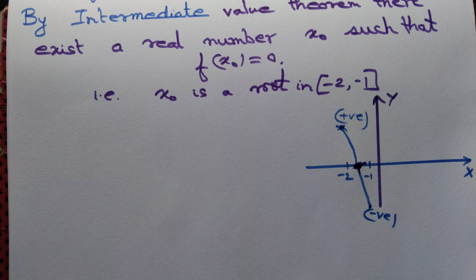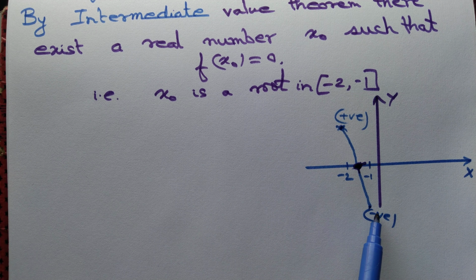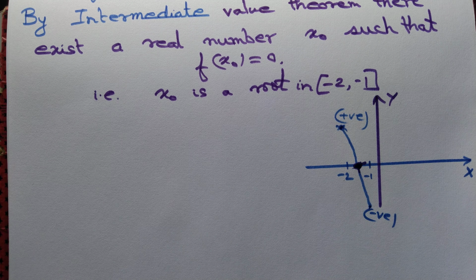It's because of the continuity of the function and the fact that they are of opposite sign. The function takes opposite sign at the endpoints, and that guarantees existence of a root.